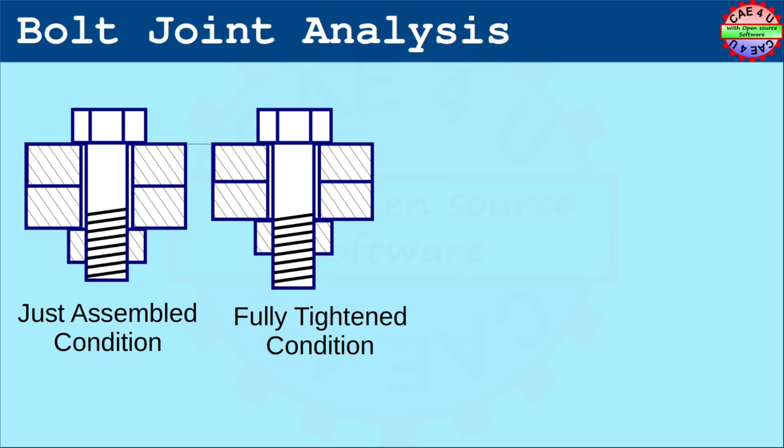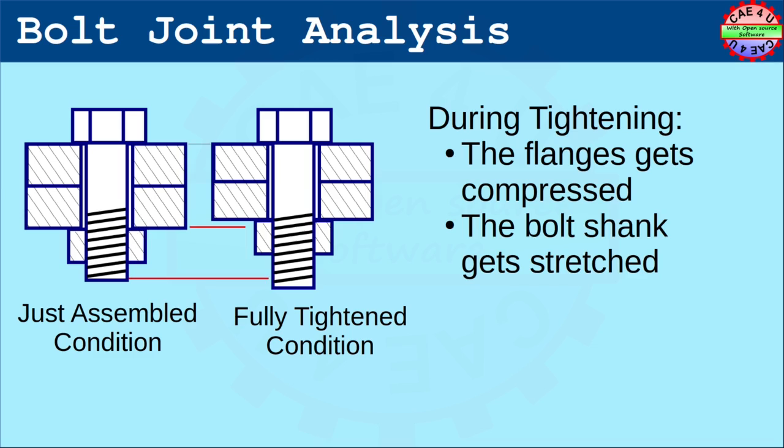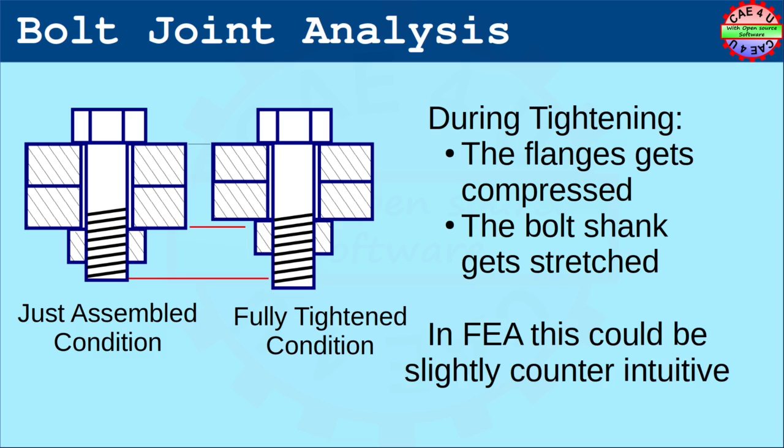In the process, we see that the flanges get compressed, the bolt shank actually gets stretched, but in FEA this could be slightly counterintuitive, which we will touch upon in the later stage.